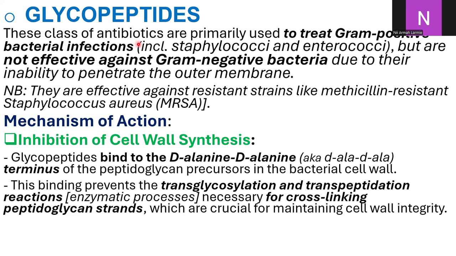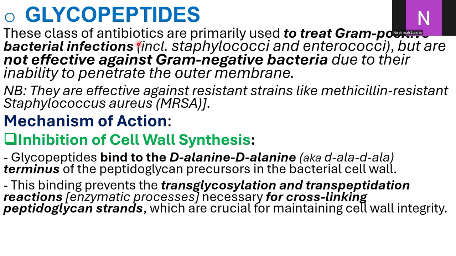or what we just finished calling the transpeptidation reaction, right? So for the transpeptidation reaction to occur, we will have to have the linkage made, a cross-linkage. Now, before that cross-linkage is done, there must be the D-alanine terminus joining, the binding.